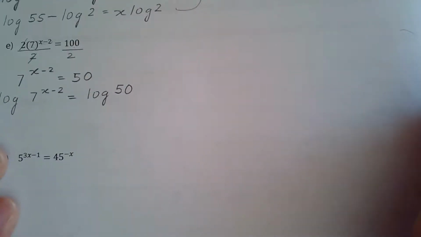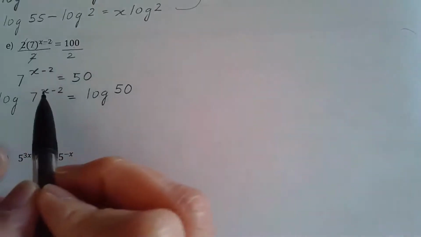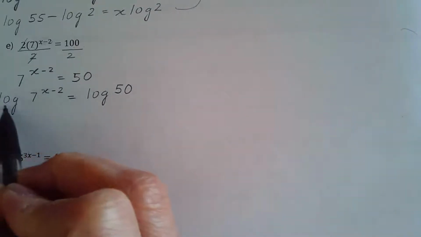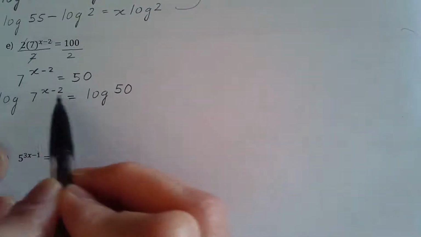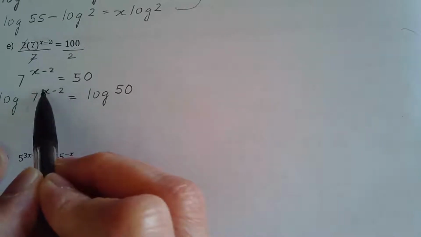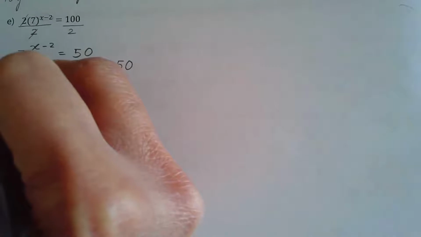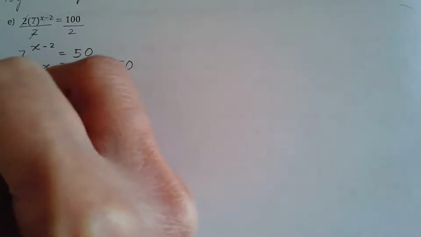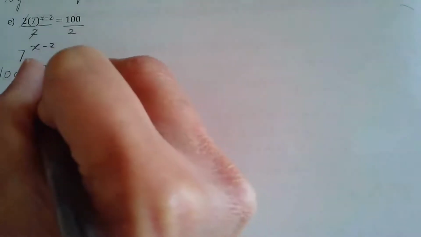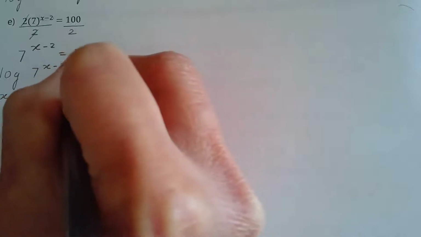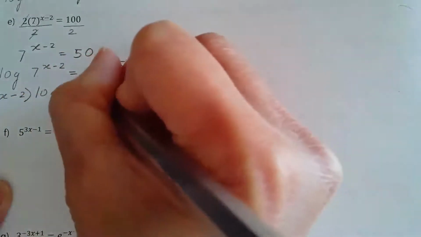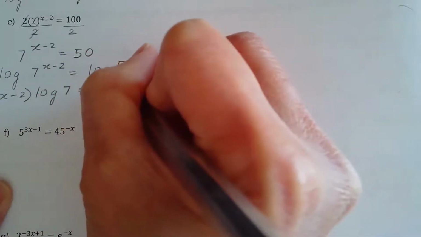Log 50. Now we're going to apply the logarithm law, bringing this x minus 2 to the front. So that becomes x minus 2 times logarithm of 7 equals log 50.